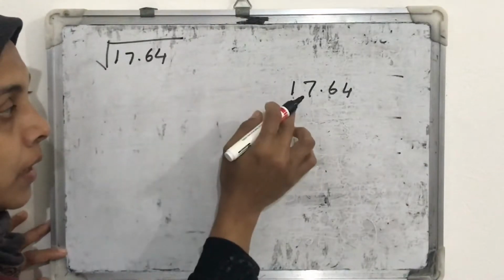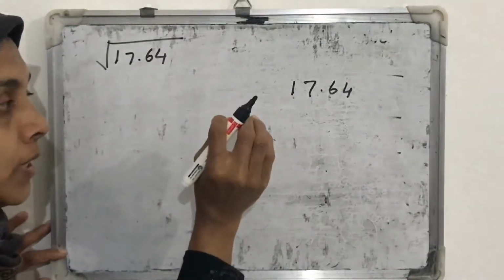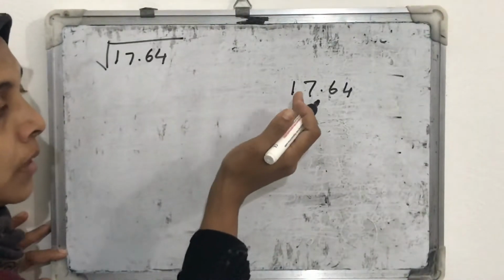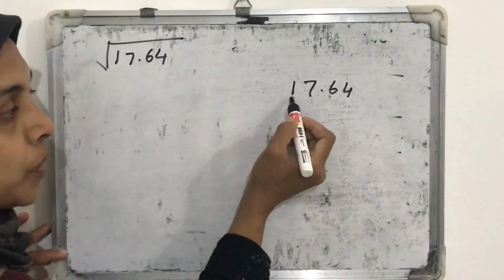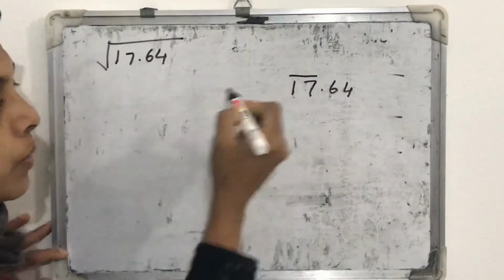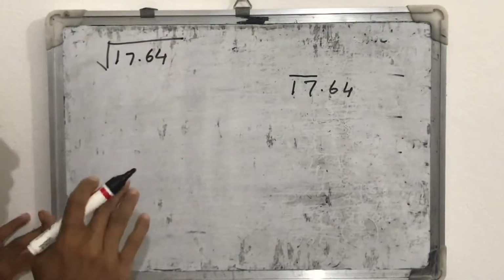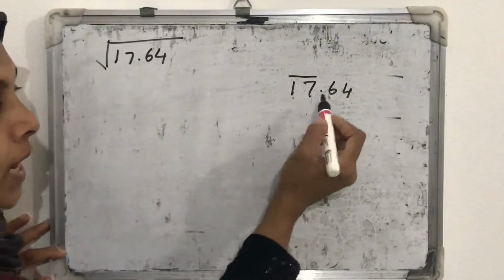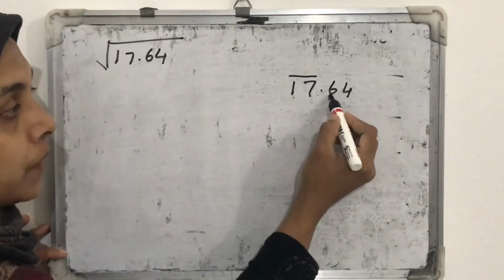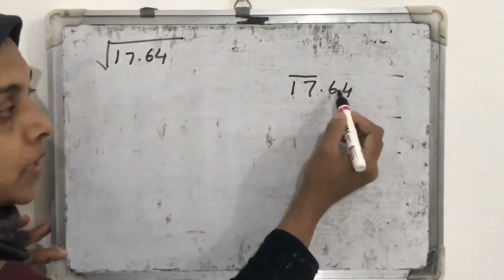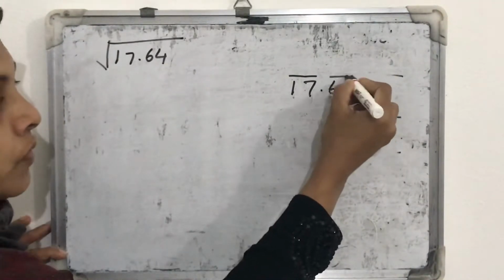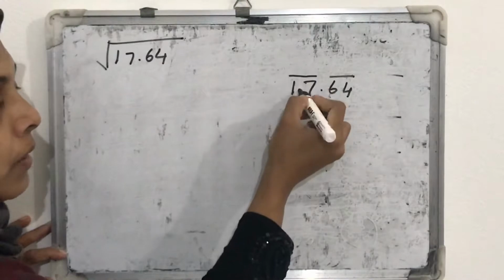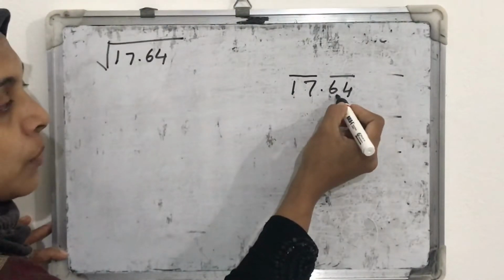First, take the integral part. We place bars for the digits starting from the 1's place and 10's place, and for the decimal part we start the pairs from the first decimal place.